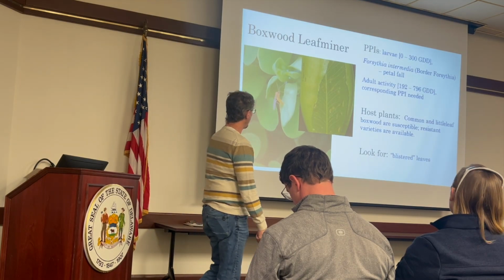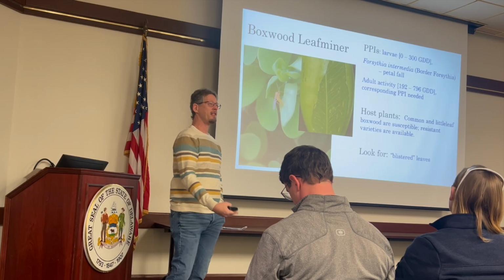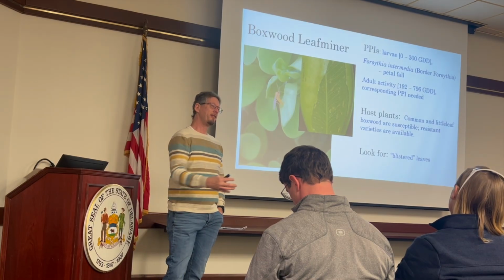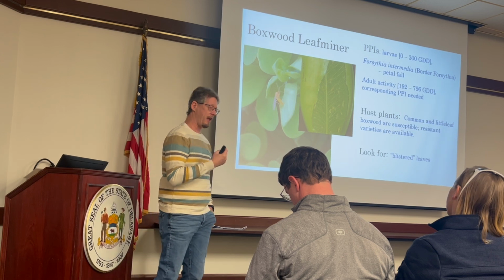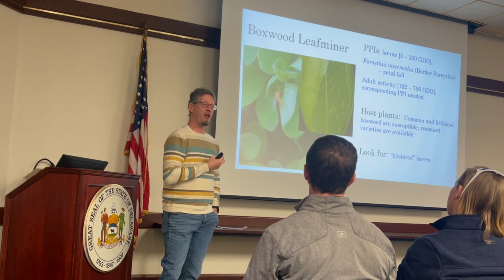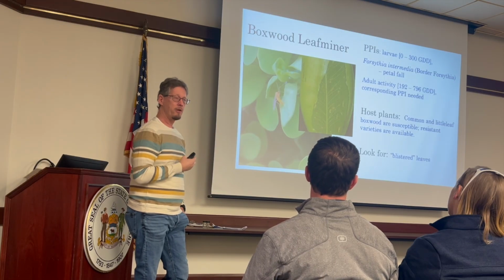Boxwood leaf miner is also a really early insect pest on boxwoods. Typically, we start noticing the blisters turning that brownish color and the leaves getting really yellowed around mid-April or so.